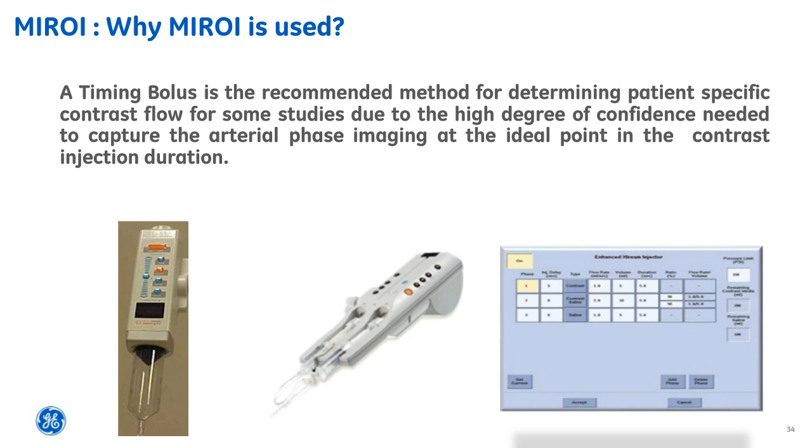So MIROI is used when we need to know exactly that the contrast is going to be where we want it at exactly the right time. If we think back to our Smart Prep, we had a diagnostic delay. When we hit start scan, it can take a couple of seconds for the system to get the table to the correct position before we start acquiring the actual main acquisition.